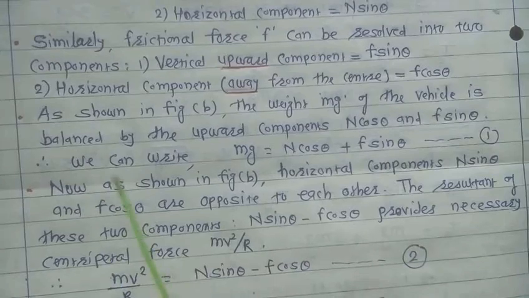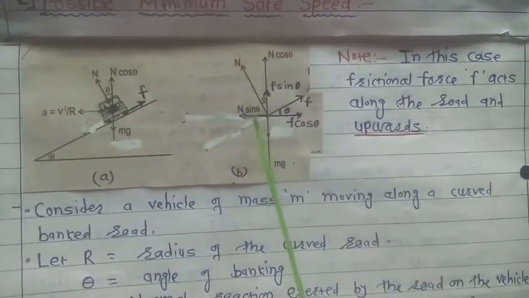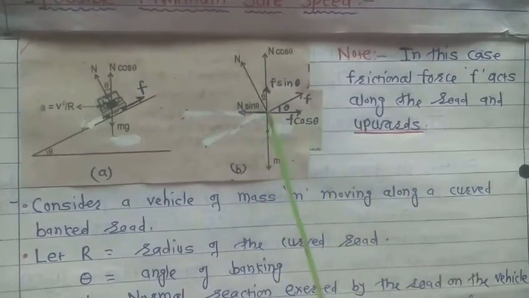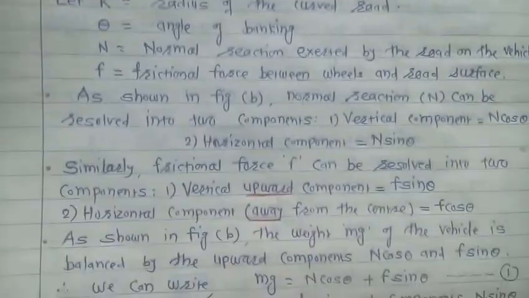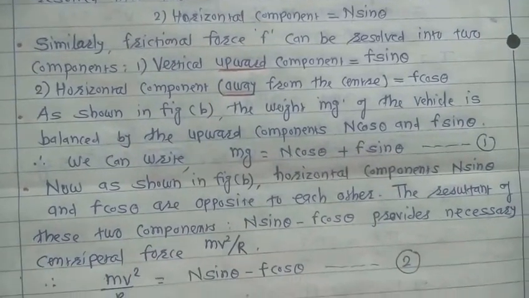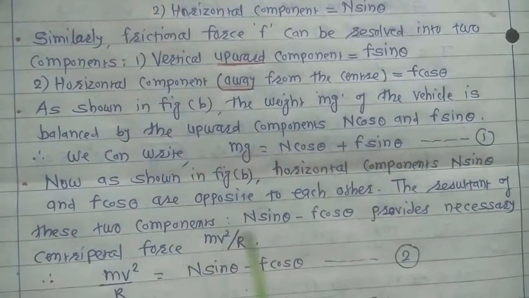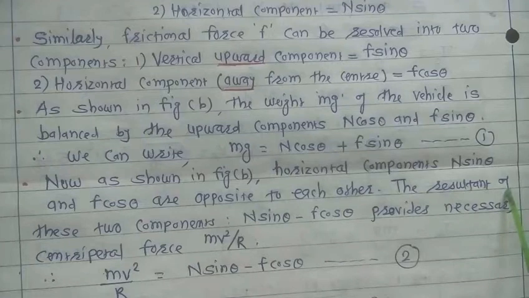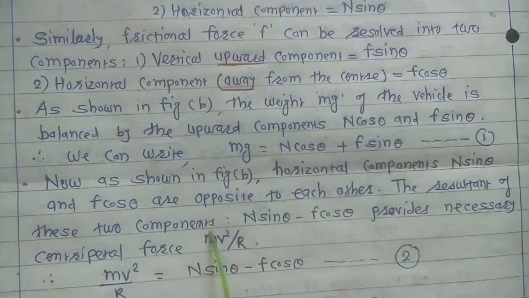Also as shown in figure B, the horizontal components N sin theta and F cos theta are opposite to each other. Therefore their resultant acts as a centripetal force. So the resultant of these two components, that is N sin theta minus F cos theta, provides the necessary centripetal force mv square upon r.